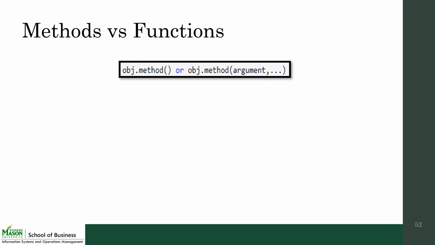Now that you're familiar with built-in functions and user-defined functions, let's talk about methods. Methods are actually functions, but they're called methods because of their use for specific data types. Methods are entered by referencing the object or the variable followed by a dot, a period, and then a method which is going to end with a set of parentheses.